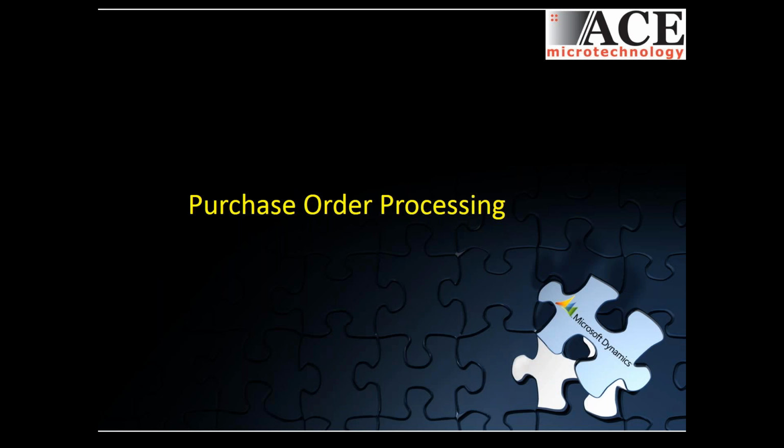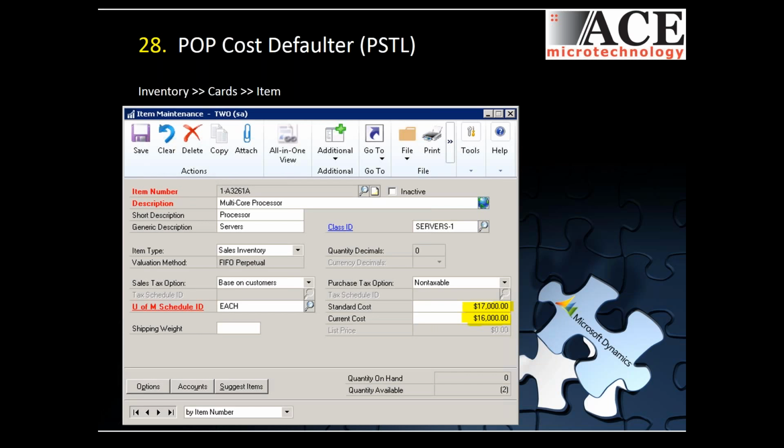Purchase order processing. The first thing is the POP cost defaulter. In inventory, by default, POs default their cost from the current cost field in the inventory module. But sometimes on an inventory item, you'd rather have standard costs be reflected. That's the cost that you want to go by on your purchase order.